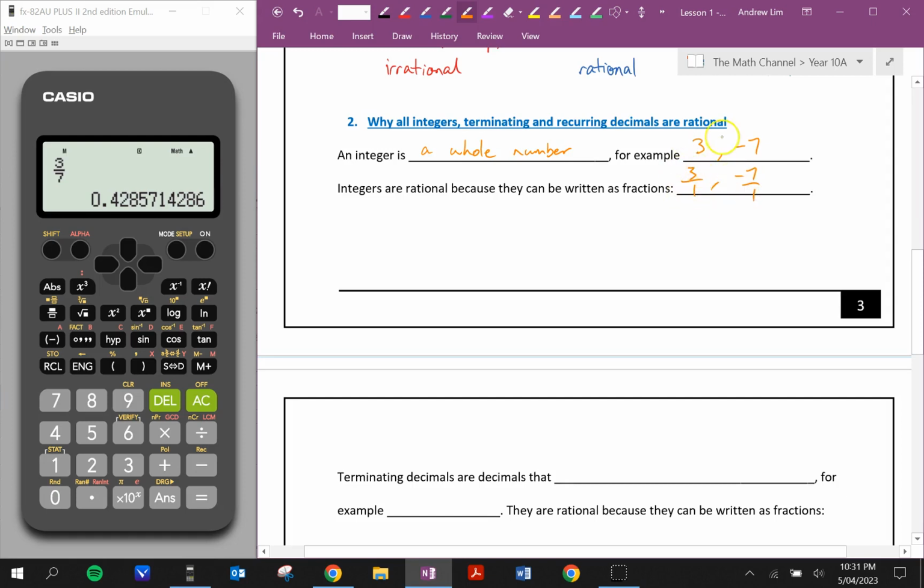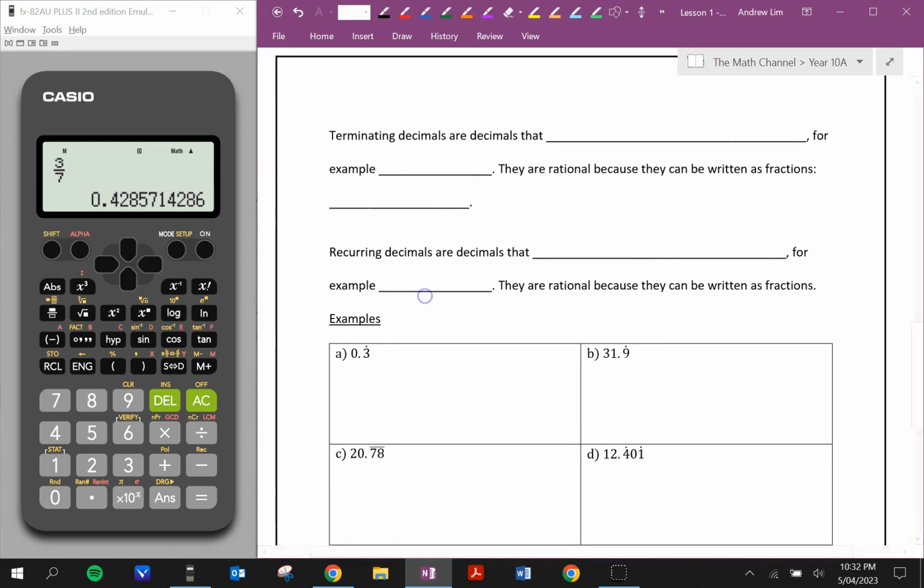Or I could write 3 as 6 over 2, because 6 divided by 2 is 3. Or I could have written -7 as -21 over 3, because -21 divided by 3 is -7. Lots of different ways, but I can write them as fractions. So all integers, if it's a whole number, can be written as a fraction.